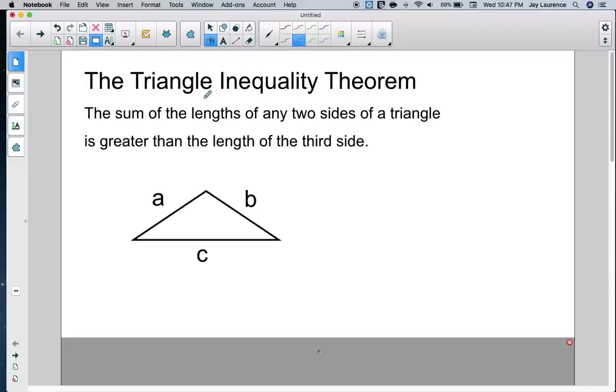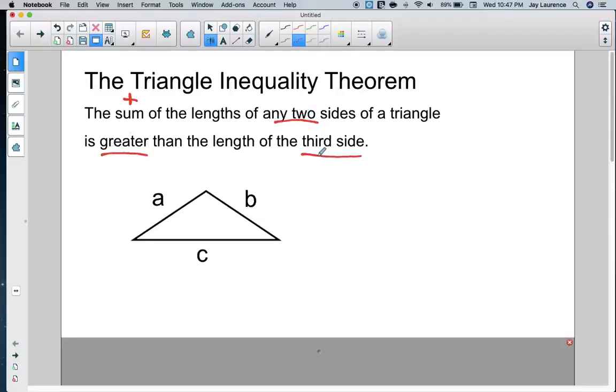So, it says the sum of the lengths of any two sides of a triangle is greater than the length of the third side. The sum means addition, right? Of any two sides. So if I take any two sides of a triangle and I add them together, that sum has to be greater than the length of the third side.